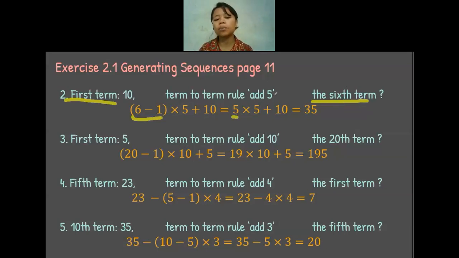After that, I multiply it by the term to term rule given. The term to term rule is add 5, so I multiply by 5. After that, because I want to find the next term, I have to add the term given. The term given is the first term, so I add 10. 5 times 5 is 25. 25 plus 10 equals 35.